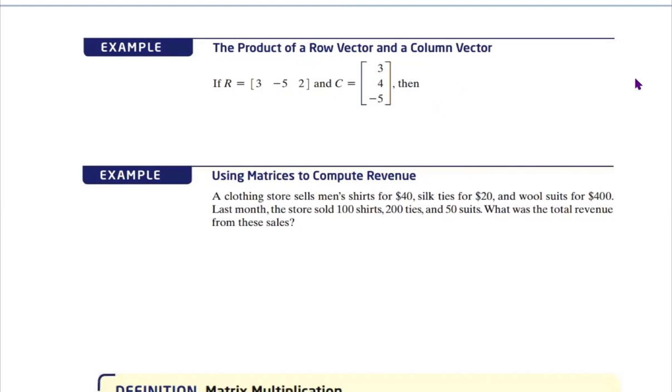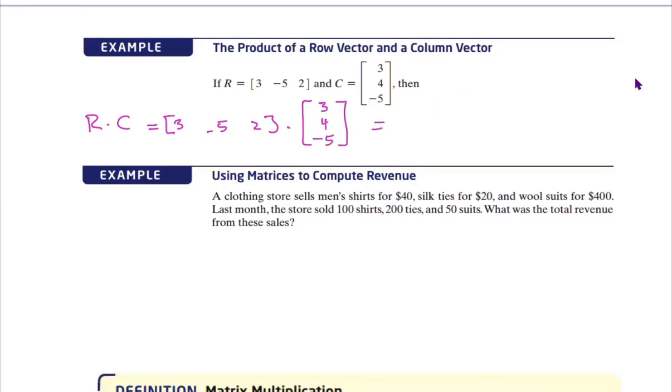So how do we do it? Row vector times column vector equals the row vector 3, -5, and 2 times the column vector that is 3, 4, -5.